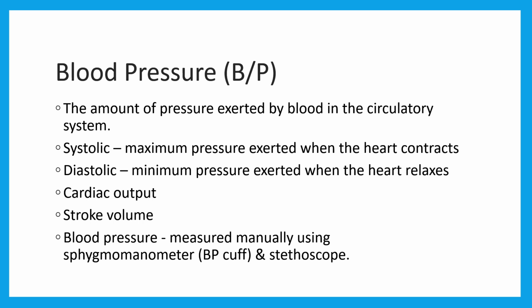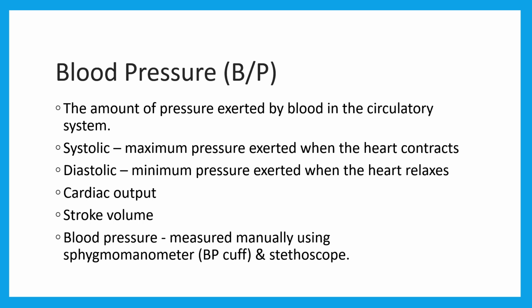If there is an increase in cardiac output, this will cause an increase in the blood pressure, or the amount of pressure exerted when the left ventricle pumps blood into the aorta.